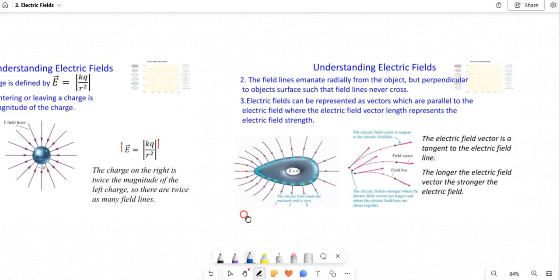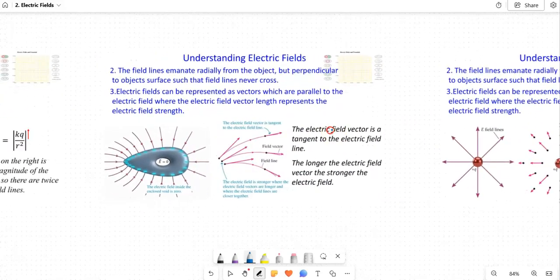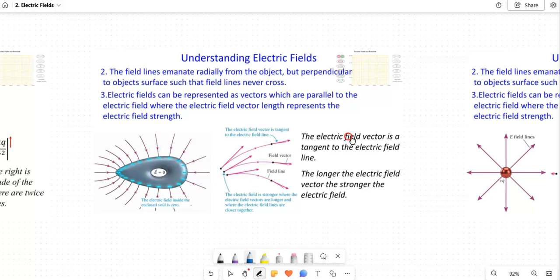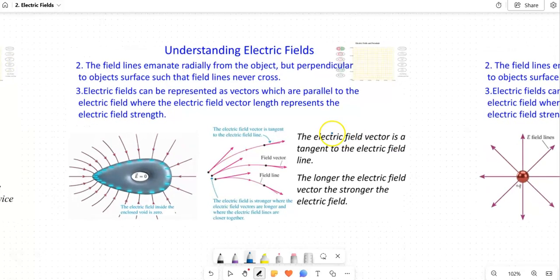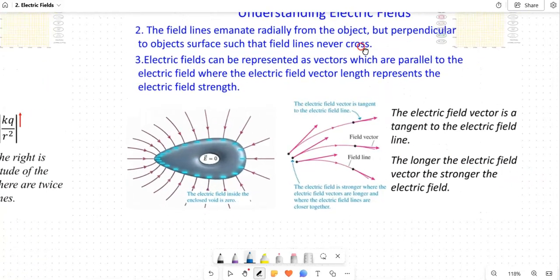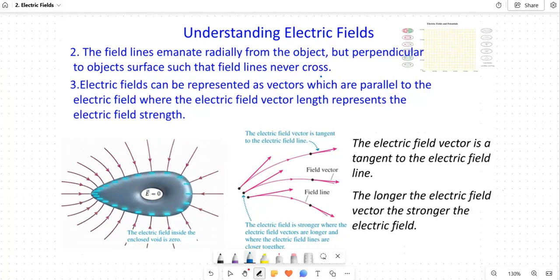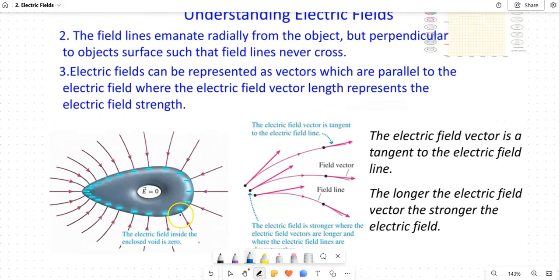Okay. Let's talk about rules numbers 2 and 3 together. Let's say you had a weirdly shaped object like this here, and it had negative Q charges built up on the outside. If you notice, the electric field lines are emanating radially from this surface, right?